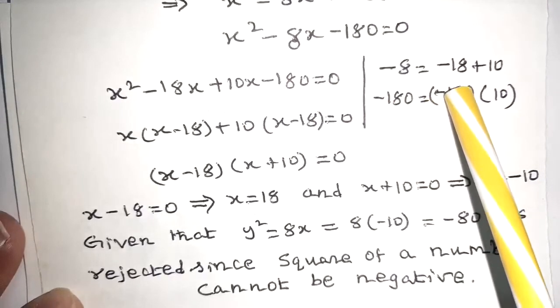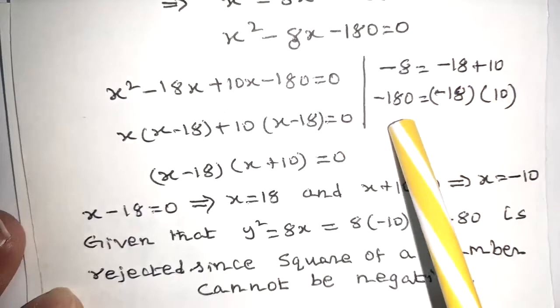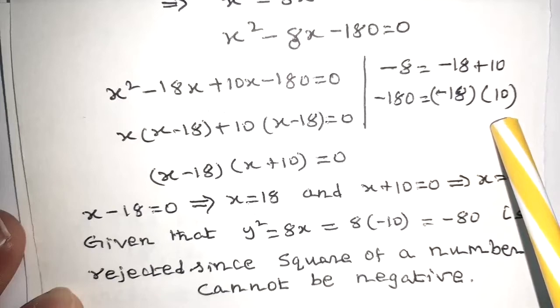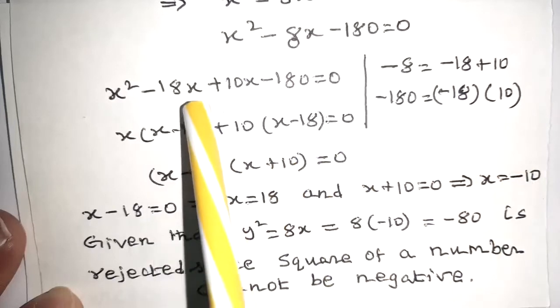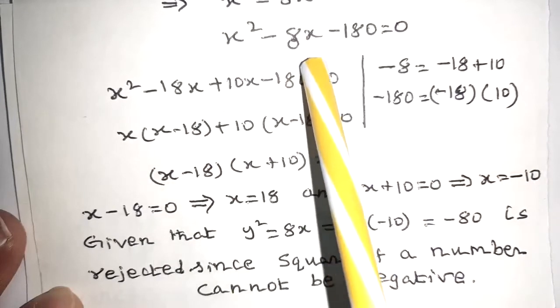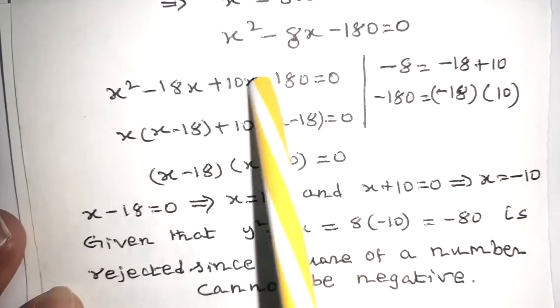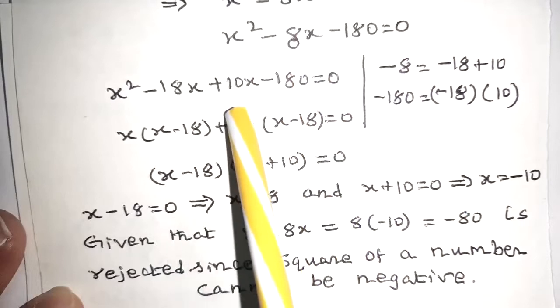Minus 8 is written as minus 18 plus 10. Minus 180 is written as the product of minus 18 and 10. Therefore, in x square minus 8x minus 180 equal to 0, the middle term minus 8x is written as minus 18x plus 10x.